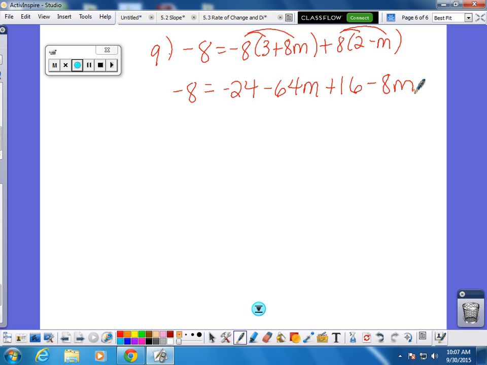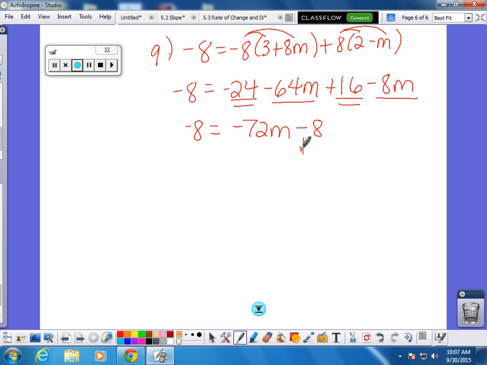I have a whole lot to do on the right side, right? What would the m's give me? Negative 72m, and the numbers, negative 8. Very good. Alright, so I've got everything combined.